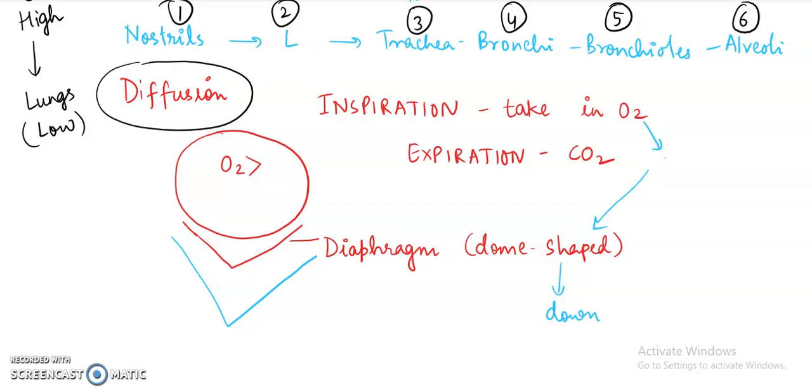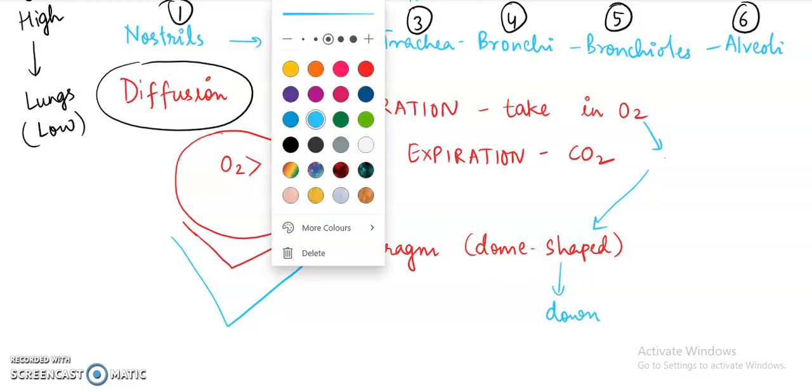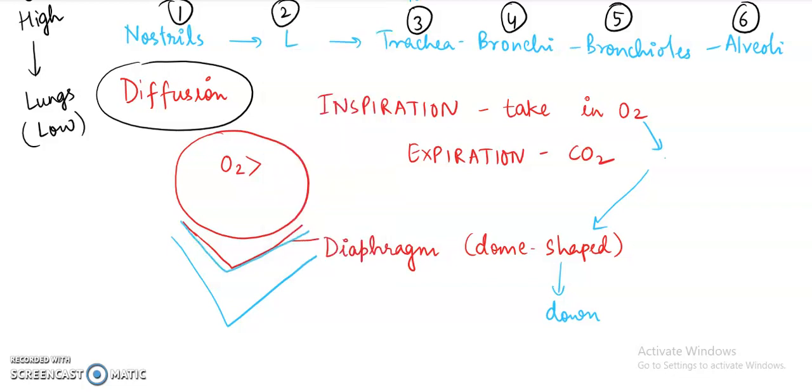Now as one inhalation is completed and then you exhale, this is known as expiration. In expiration or during exhalation, the reverse happens. This diaphragm again comes back to its normal position. That means it comes up, because of which the chest cavity becomes less. That means the thoracic cavity, the chest cavity becomes less. So at inspiration or inhalation, the chest cavity is bigger.